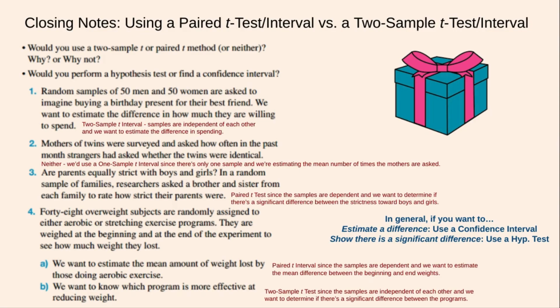We want to do a hypothesis test because we want to determine whether there is a significant difference between the programs. Yeah, it might be nice to know the extent of the difference, but what we're trying to see is the difference significant? And when significance is the question, and we're not just estimating a parameter like a mean difference, it's best to use a hypothesis test.